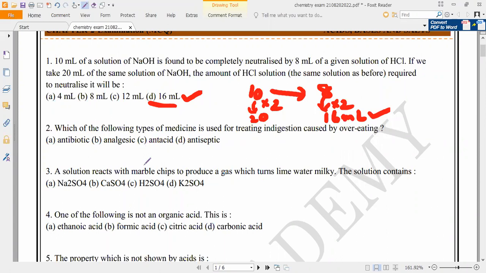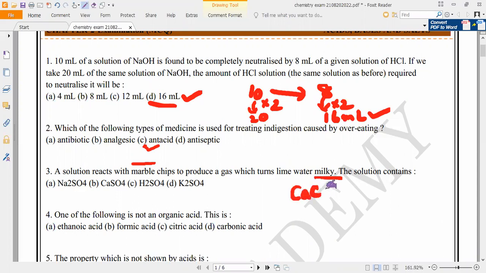Next, a solution reacts with marble chips to produce a gas which turns lime water milky. The solution contains what? What is the formula of marble? Marble, limestone, all have the same formula.